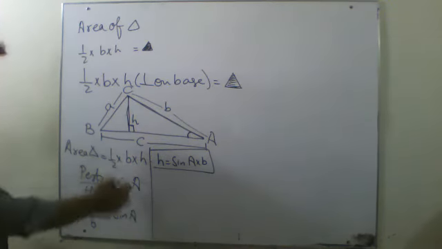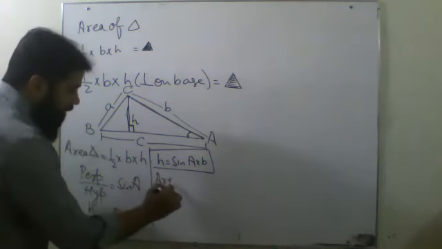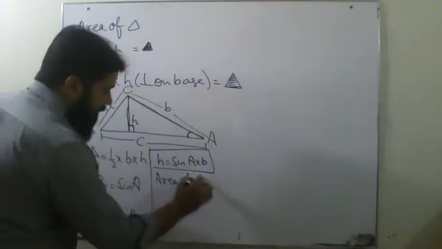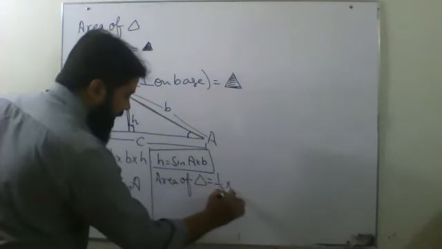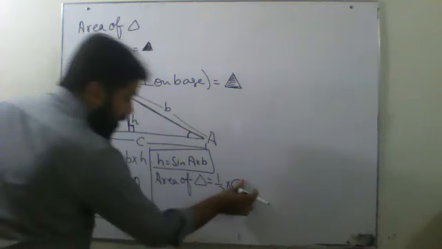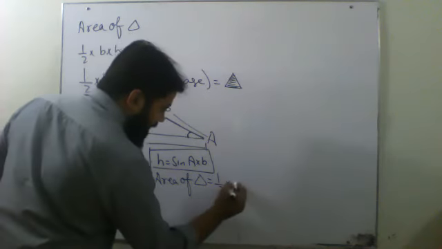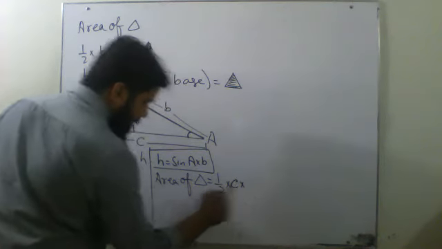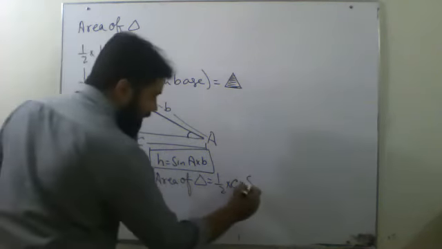Now plotting it over here, area of triangle equals half into base. What is the base given to me? Small c. What is the height given to me?